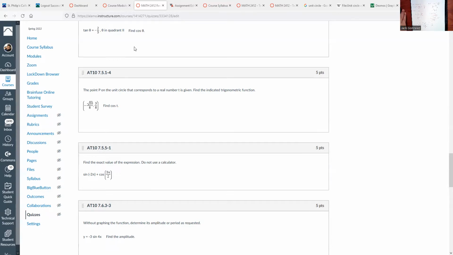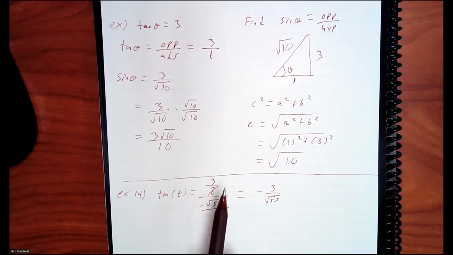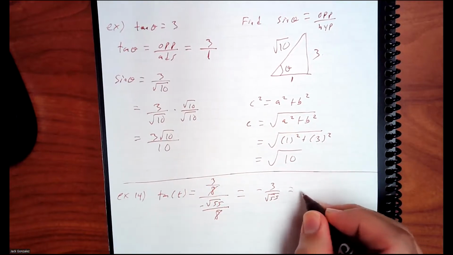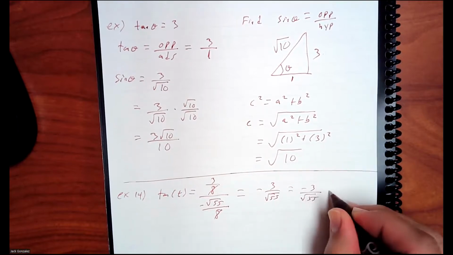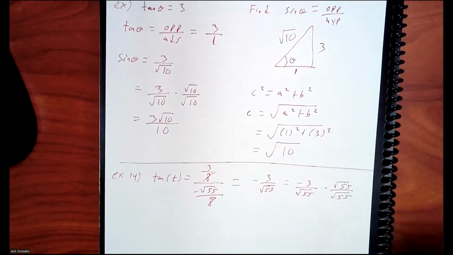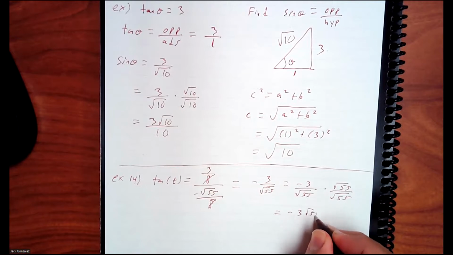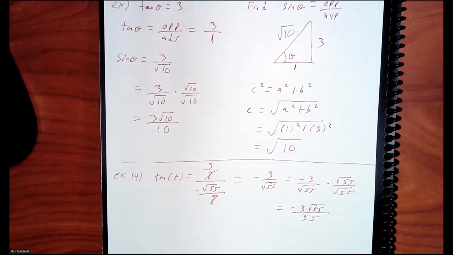Tangent is always Y over X, so you get this. If you simplify, you multiply top and bottom by root 55. That's the prettiest it's going to get.